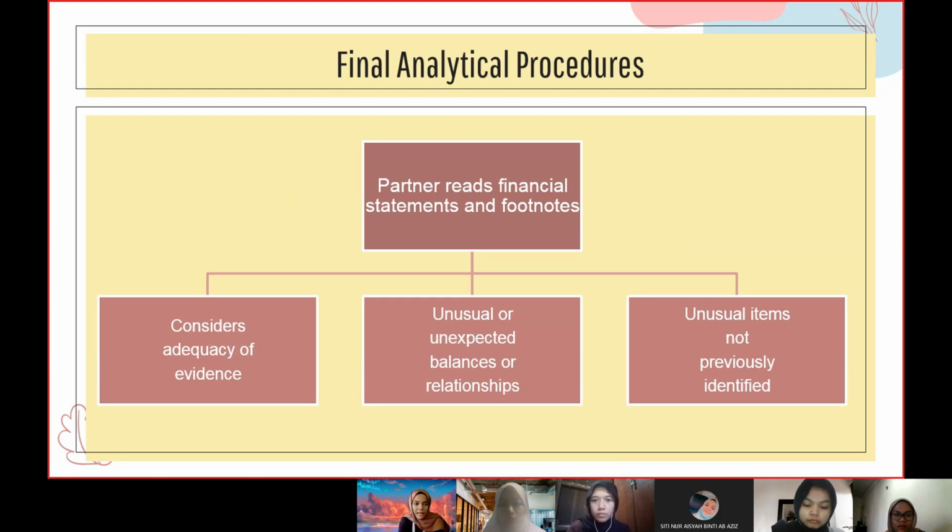For the final analytical procedure, the auditor needs to read the financial statements and footnotes, because from there we can know if the evidence is enough, or maybe we can find any unusual or unexpected balance or relationship, or unusual items not previously identified in the financial statements.